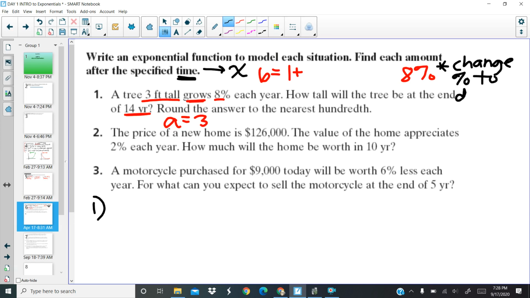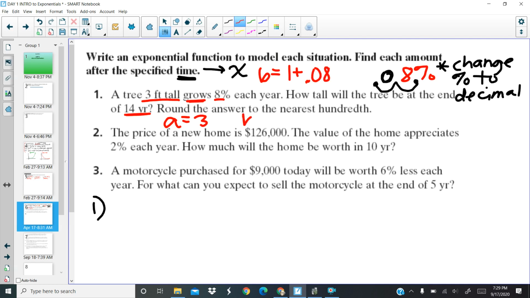The way that you do that is if it's just a whole number, the decimal point would be located after the number, and whenever you're changing it to a decimal, you always move the decimal point 2 spaces to the left. So instead of 8%, you would have 0.08. So B is going to be 1 plus 0.08.